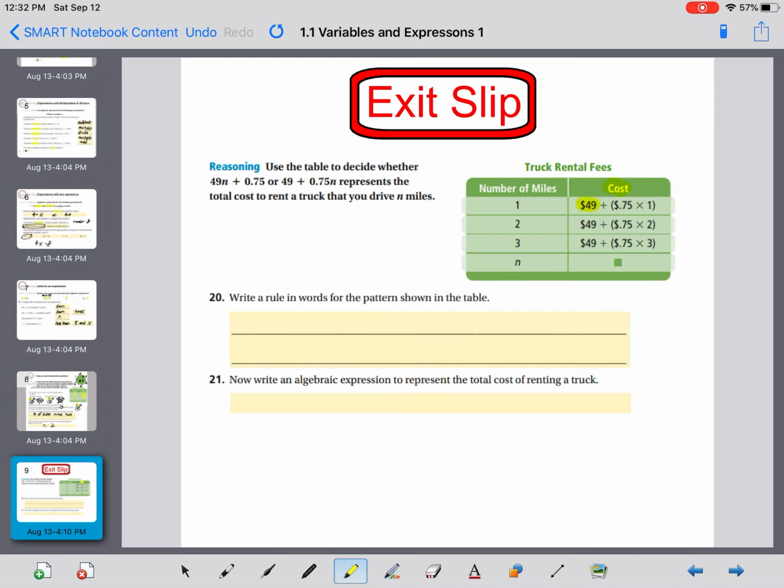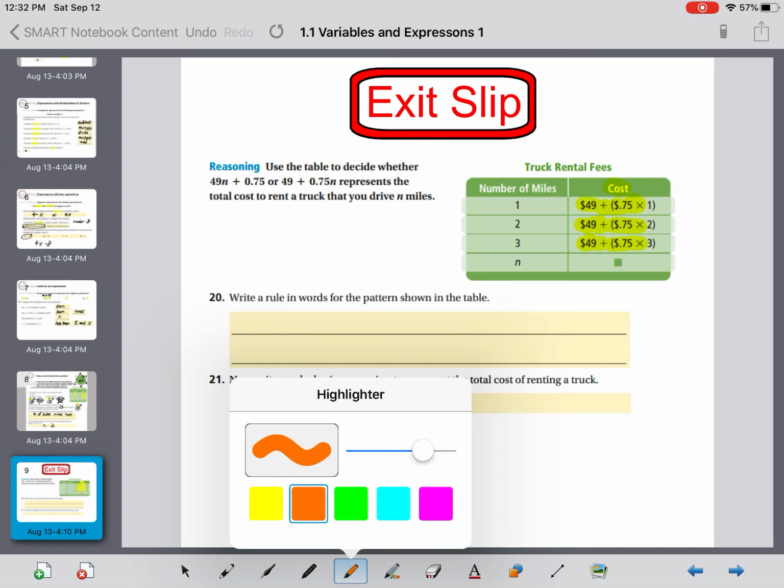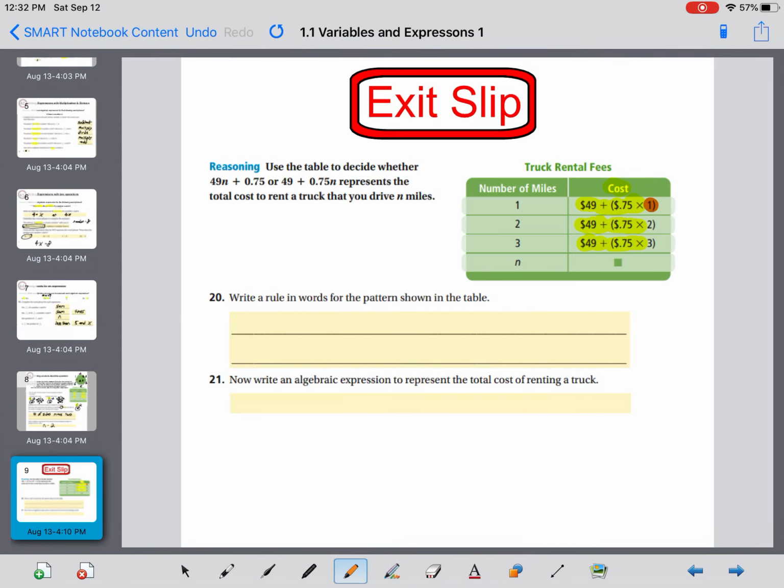$49 plus 75 cents times. All of that stays the same. There's only one thing that changes, and it's this last number, 1, 2, and 3. And if you notice, the last number is identical to the number of miles.